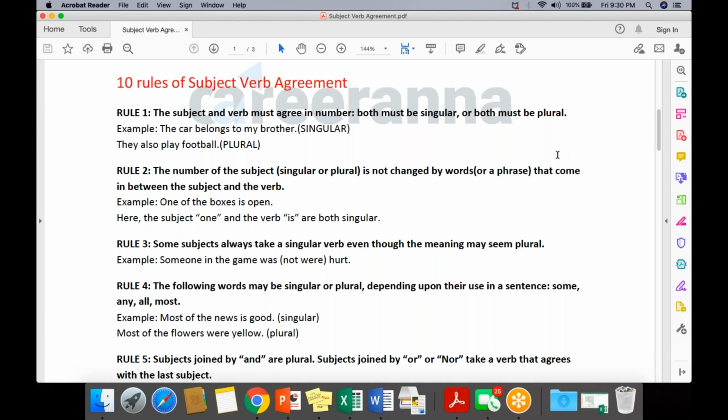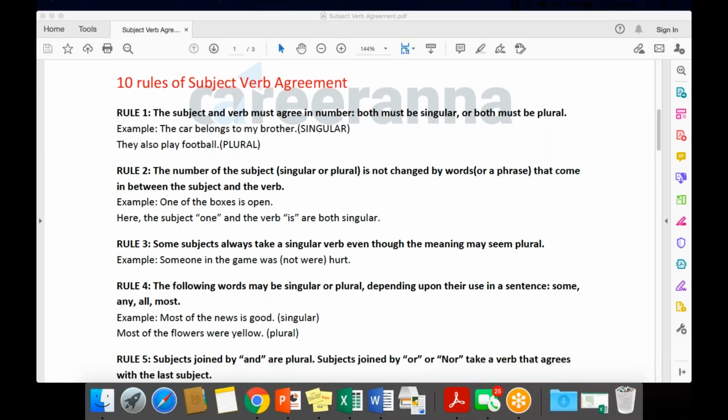Now suppose the sentence was two of the boxes, then what about my verb? Right. If it was some of the boxes, correct.